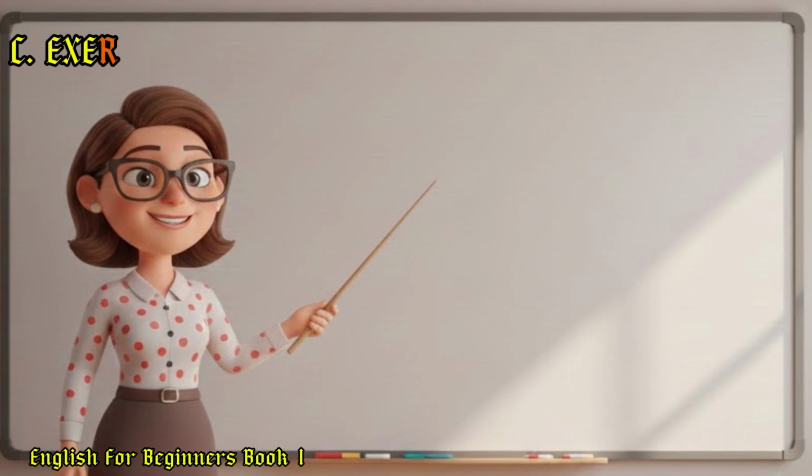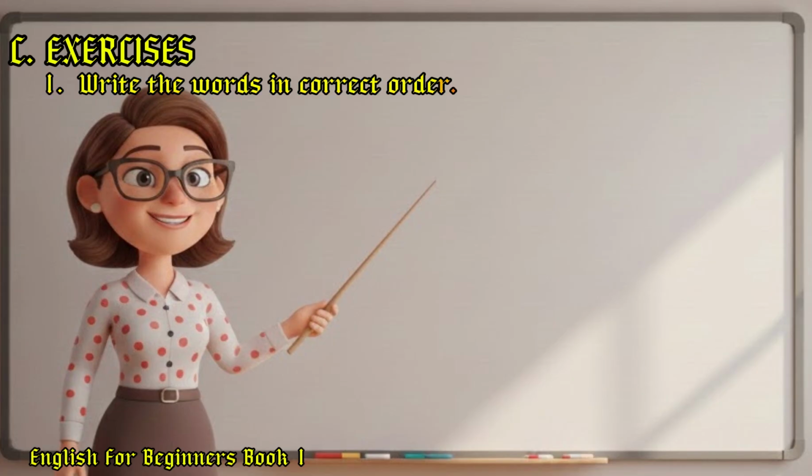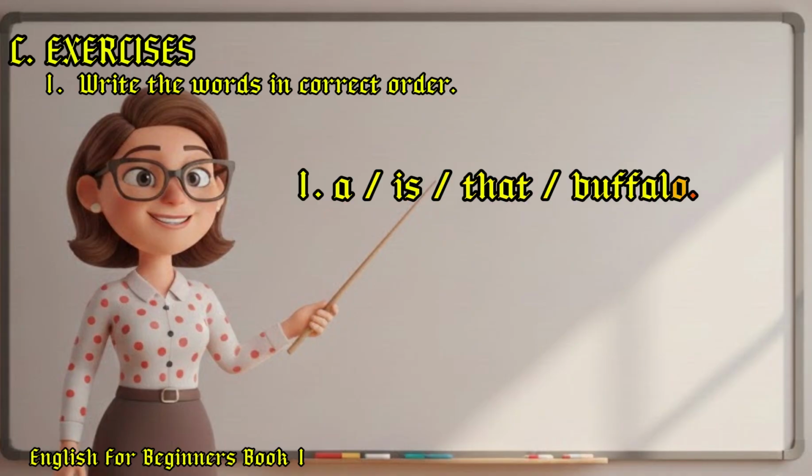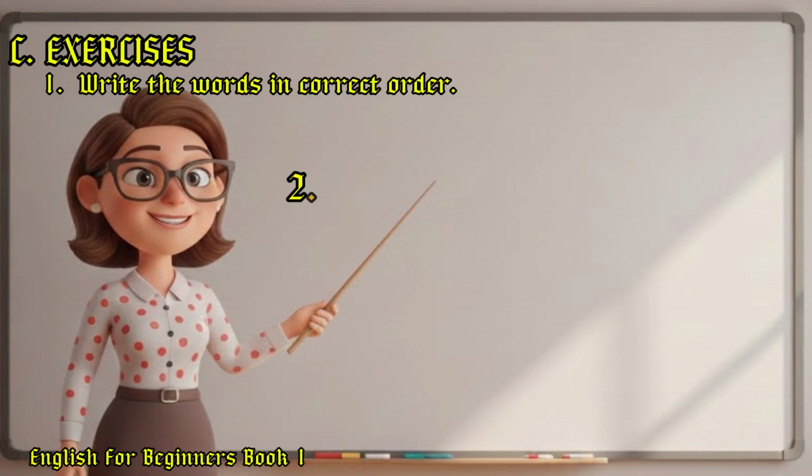See exercises. 1. Write the words in correct order. 1. A is that buffalo. That is a buffalo. 2.